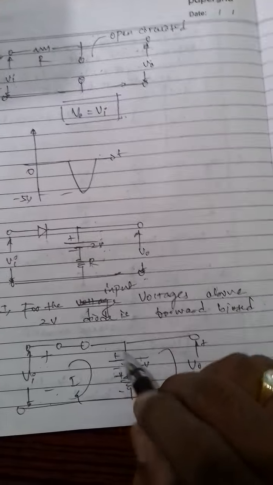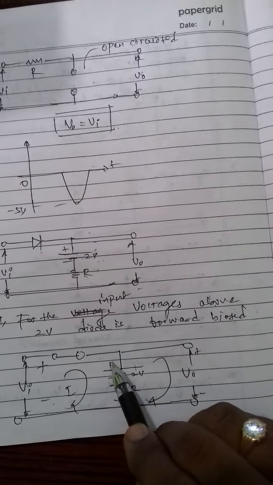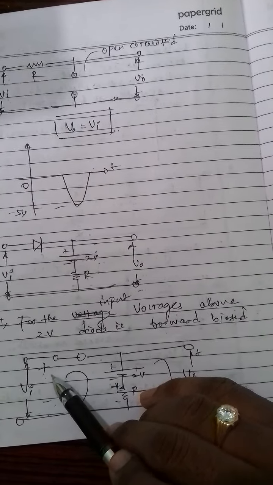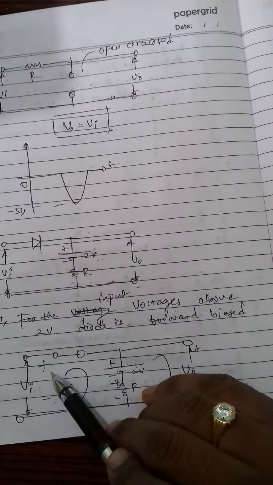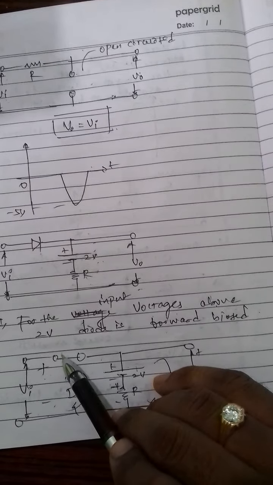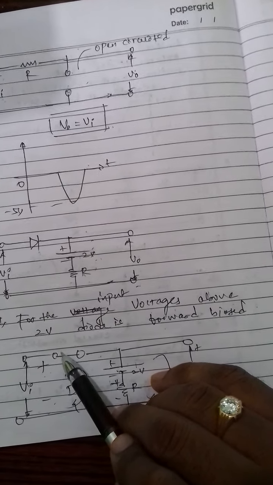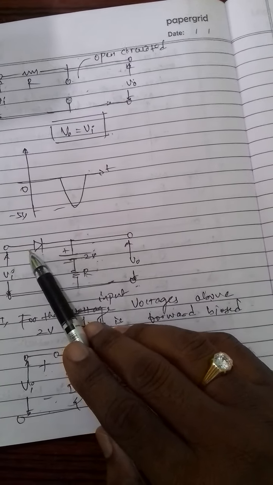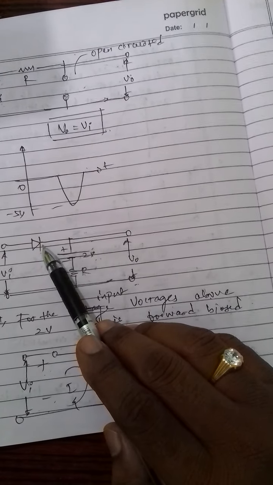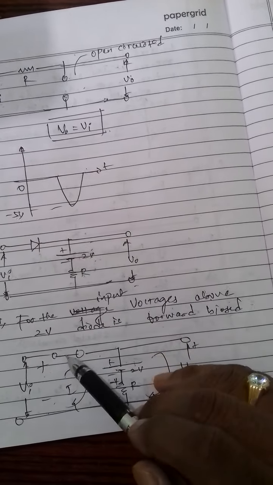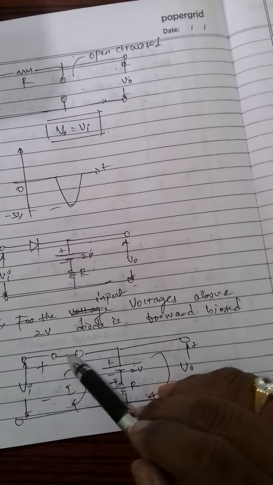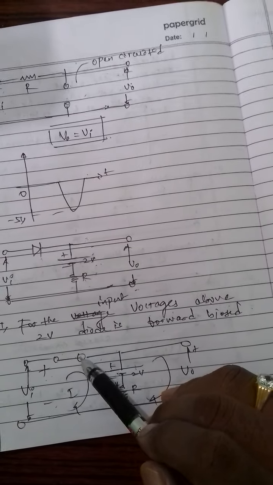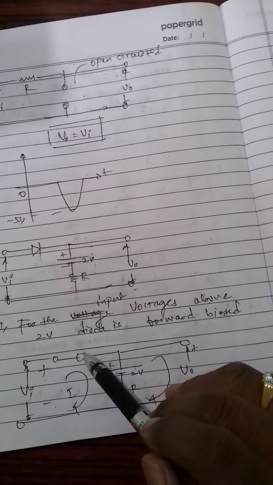More than 2 volts means it might be plus 3, plus 4, plus 5 volts. Above 2 volts, the voltage at the anode is positive as compared to the voltage at the cathode, so this diode is forward biased. When the diode is forward biased, it is replaced by a short circuit.